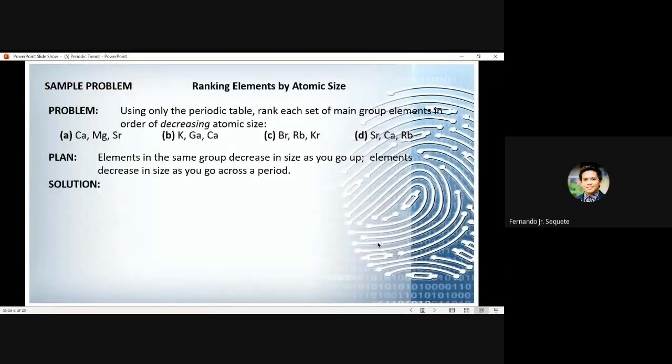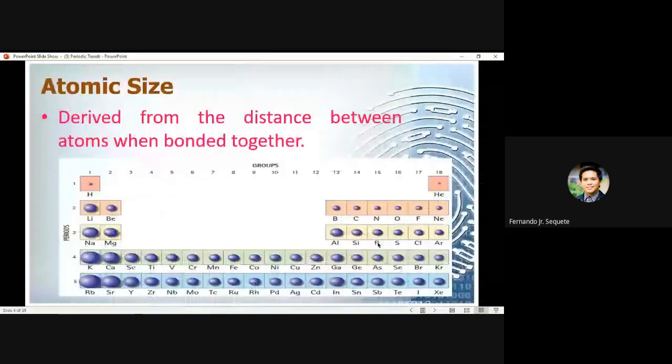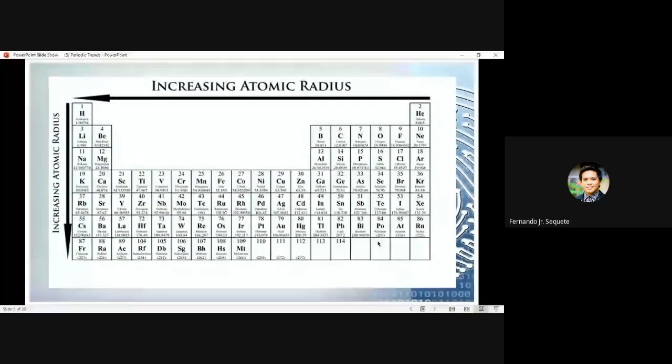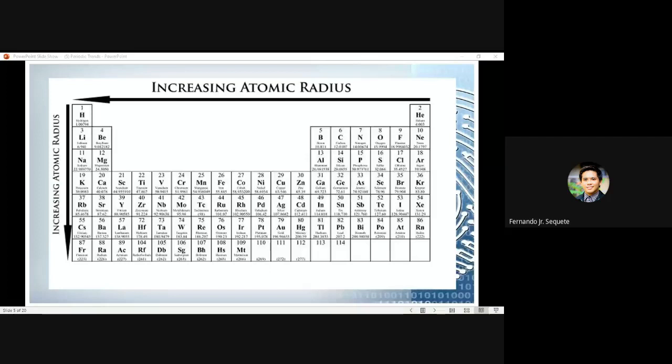Anyway, ito na lang picture na to, gamitin din natin ito. When we say group, ito yung group natin, naka-vertical. Lahat ng naka-vertical or column, that is what we call group. When we say period, ito naman yung period, naka-horizontal.